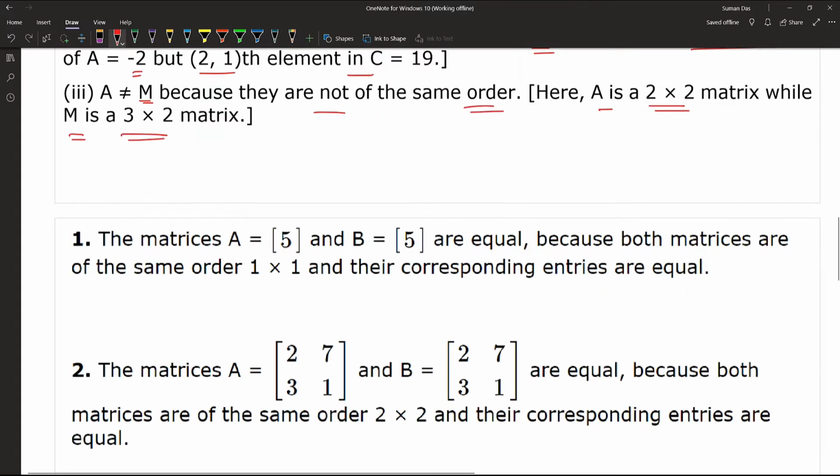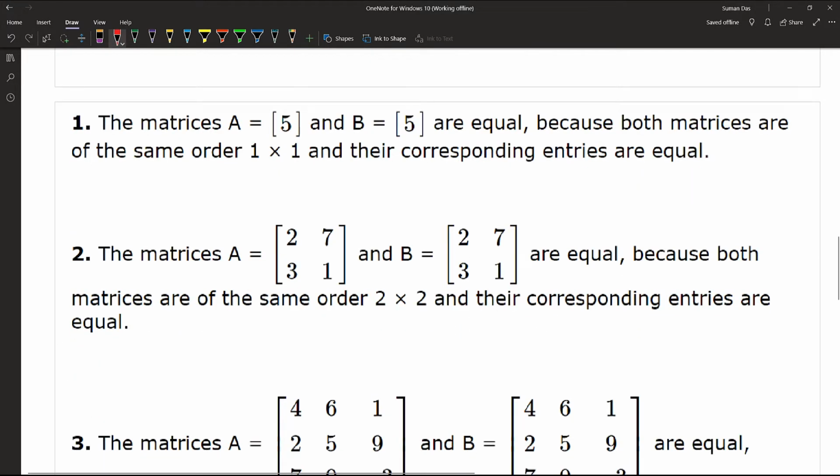Now look at the matrices. A is 1 cross 1 and B is 1 cross 1. The corresponding elements, A11 and B11, are the same. So we may say that A is equal to B because both matrices are of the same order 1 cross 1 and their corresponding entries are equal.